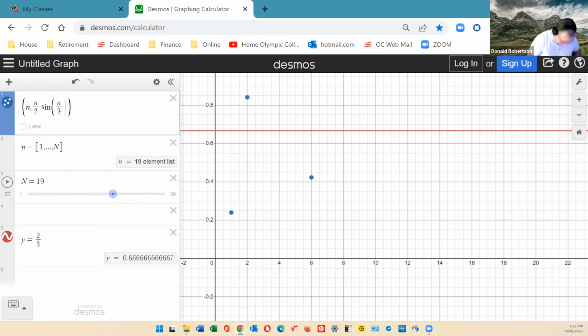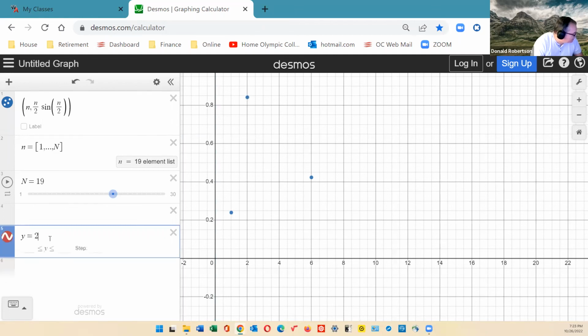And I put a bracket in the wrong place. There we go. Now, our calculation is that its limit should be 1. So let me put y equals 1 in, and just change the scale so we can see it.